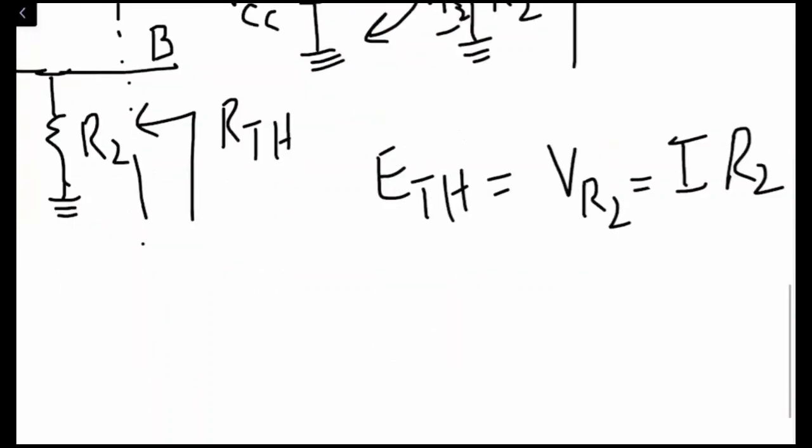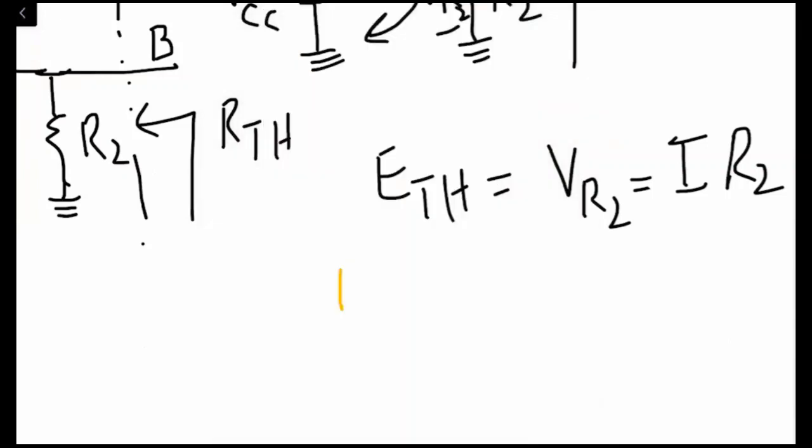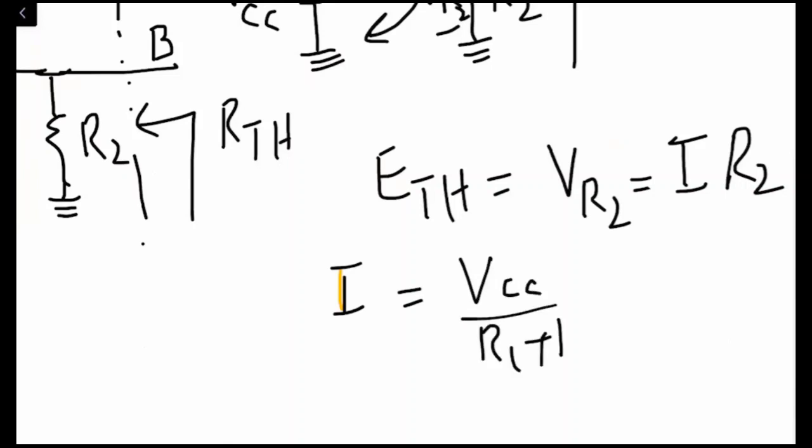So this means I should be equal to VCC divided by R1 plus R2, right?